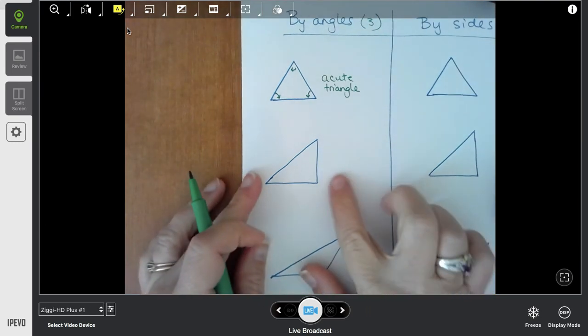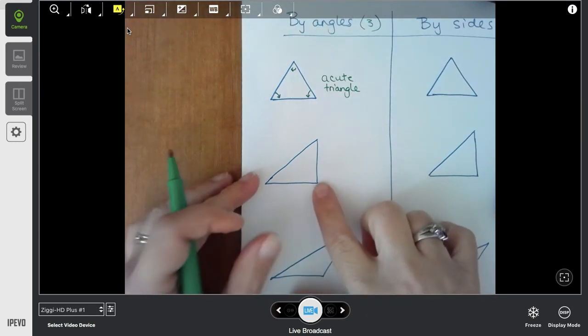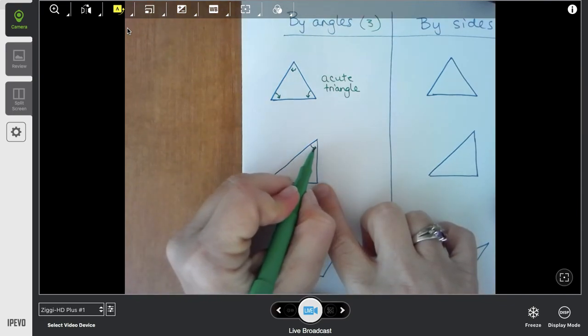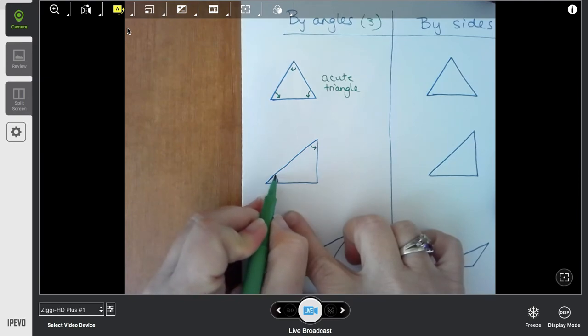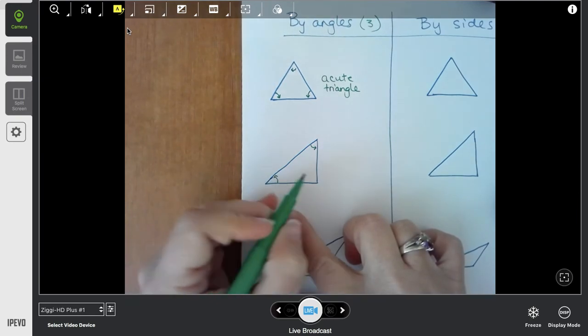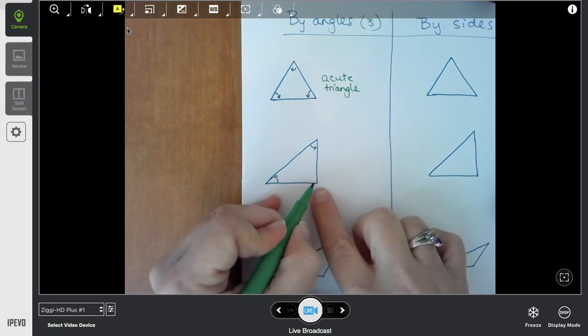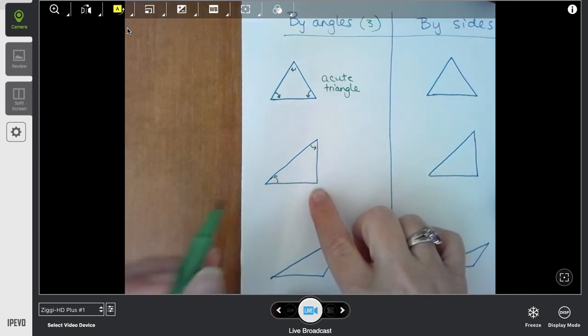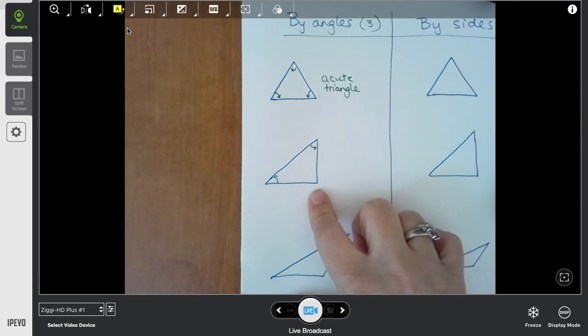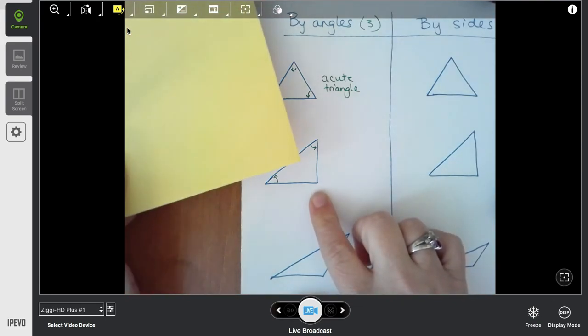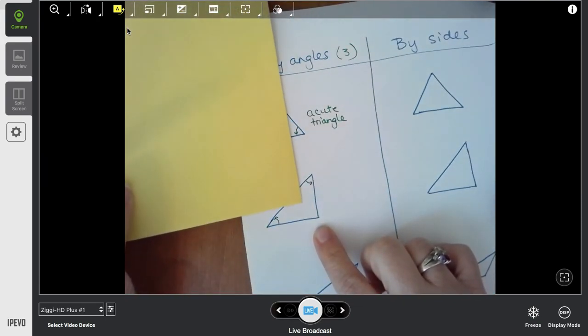If I slide down to this next one, this angle right here is an acute angle. It's smaller than a right corner. This is an acute angle, smaller than a corner. But this one right here is like a perfect corner. If you ever want to test if an angle is a right angle, all you need to do is get a piece of paper. I'm going to use a yellow piece right here and slide it into that corner.